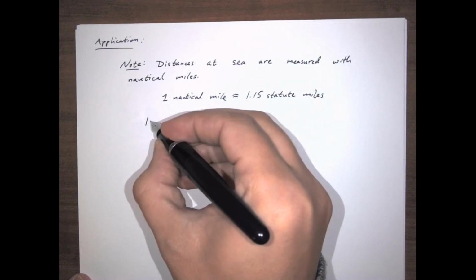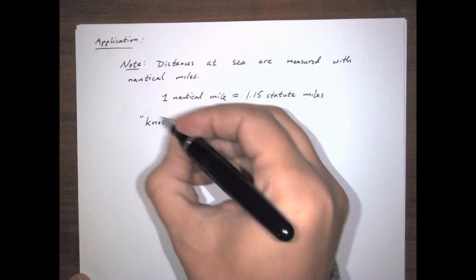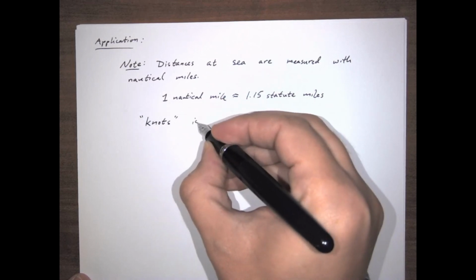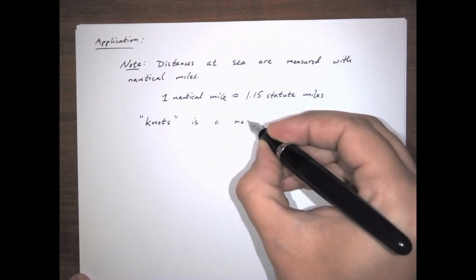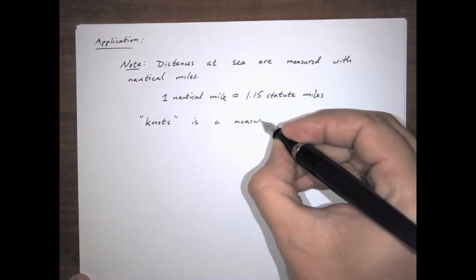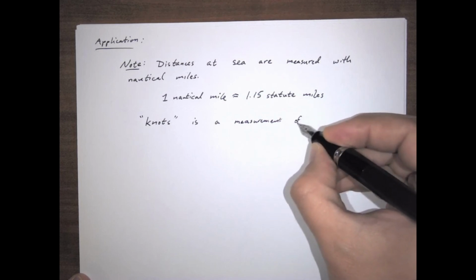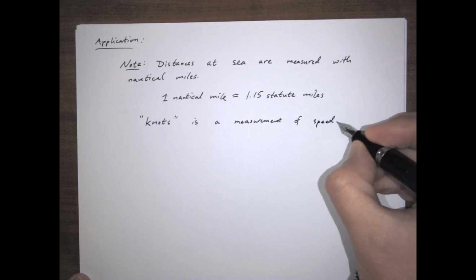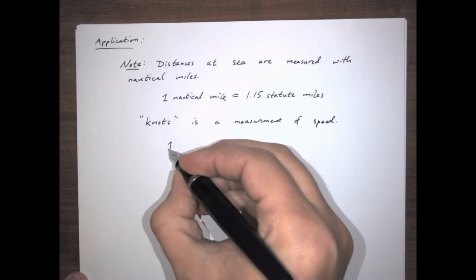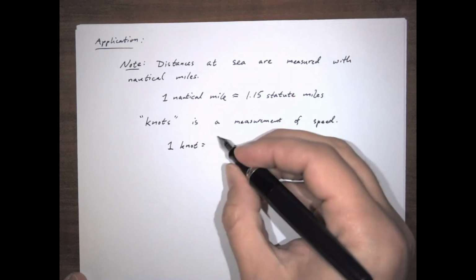And a knot is a measurement of speed. And 1 knot is 1 nautical mile per hour.